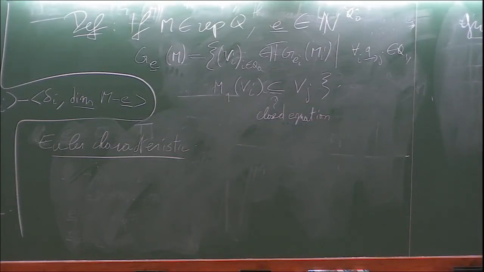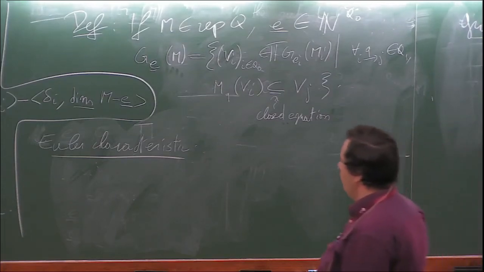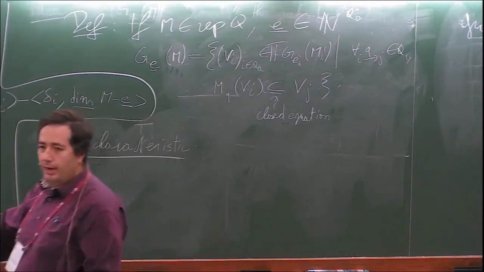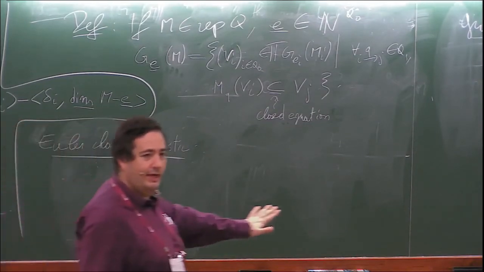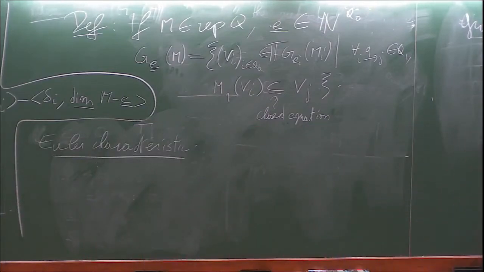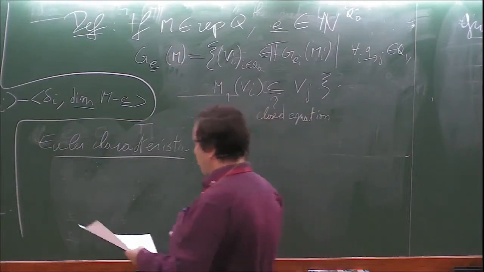So I will somehow call Euler characteristic something which, for a certain variety, gives a number satisfying a certain number of properties that I will list. And a theorem from algebraic geometry is that this Euler characteristic actually exists. I will not prove that. I just assume that it exists, and it has the following properties.